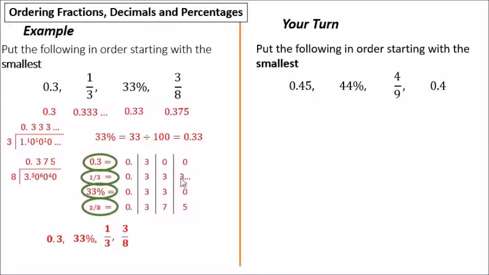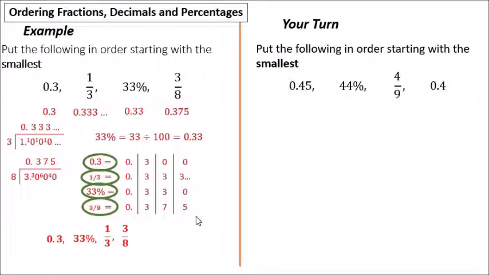Now this one has 3 thousandths as well, but this one has 0 thousandths as well. So we have this one, the 33%, as our next biggest number, followed by the 1/3 as our next biggest number after that. Finally, our largest number then, with the 7 in the hundredths, has to be 3/8.